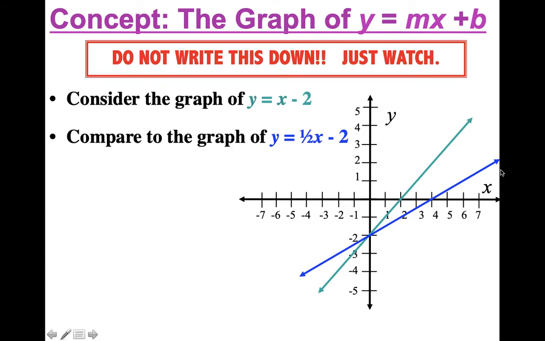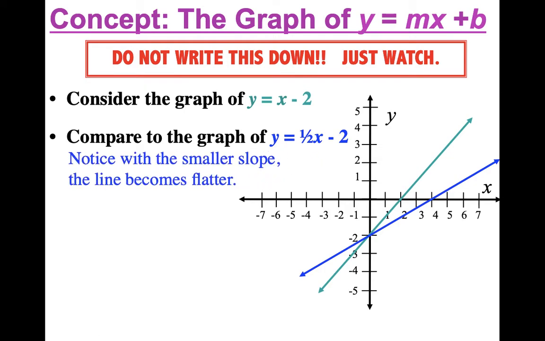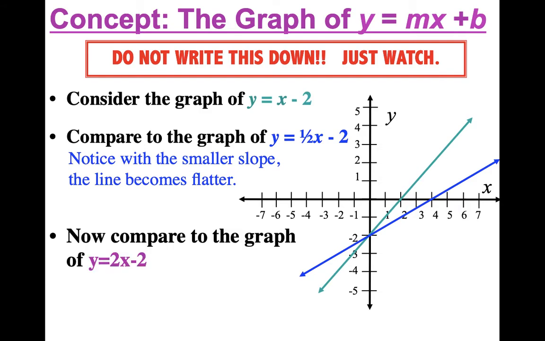Half being smaller than 1 means the slope is flatter. It's more gradual. If I had posted a slope of 8x, it would be a much steeper line than either of those two. So notice, the smaller the slope, the flatter the line becomes.